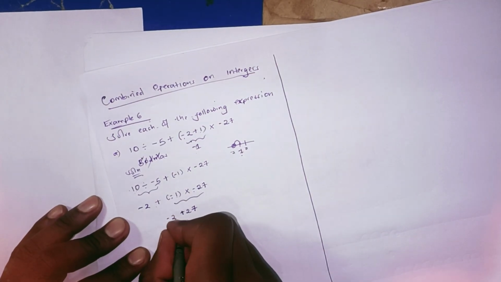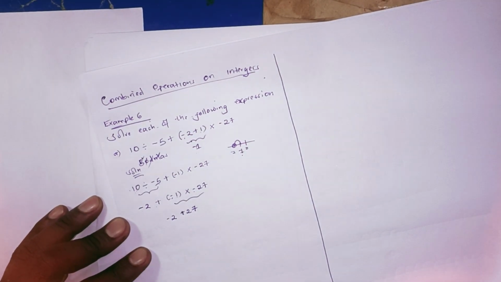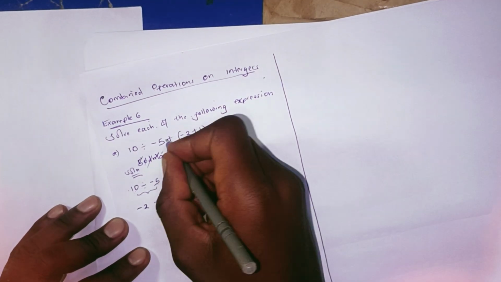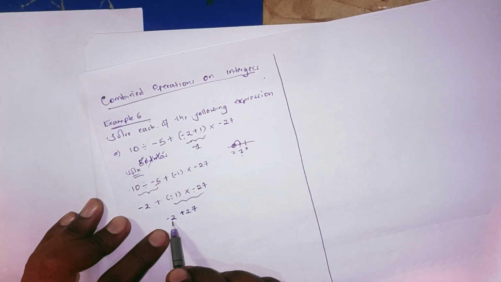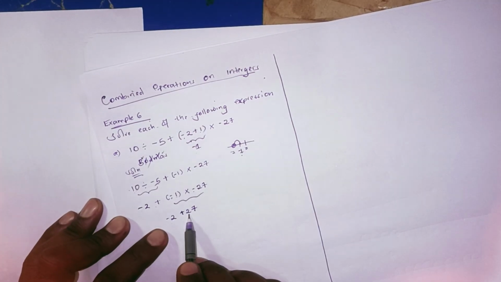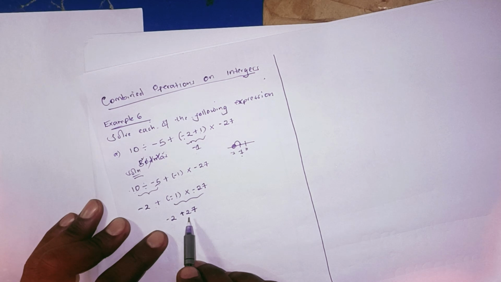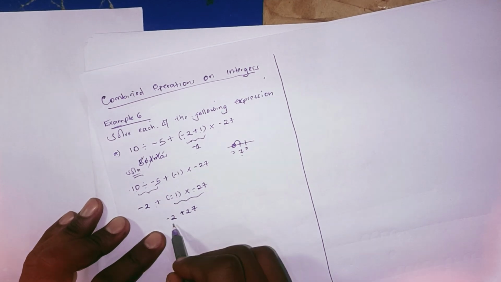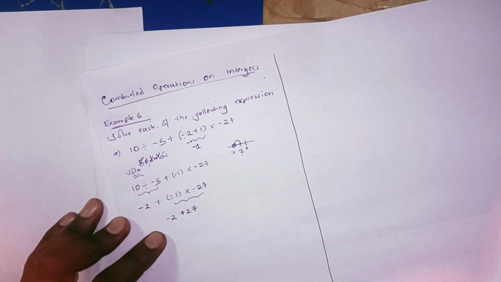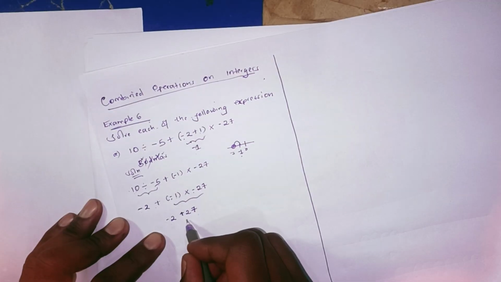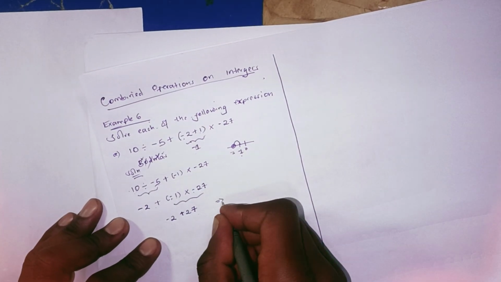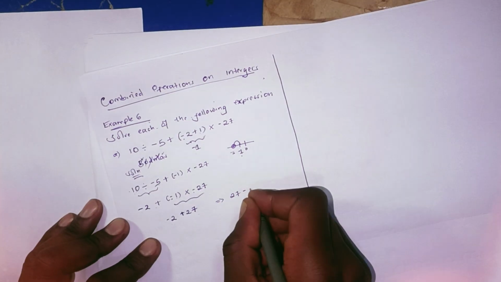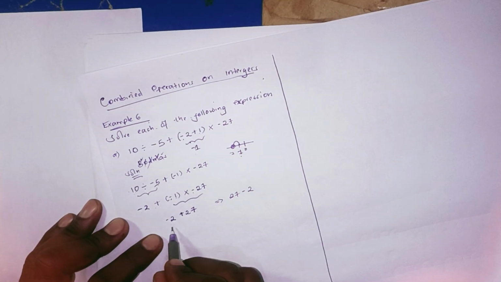Then I'll write negative 2 here. Then what is negative 2 plus 27? It is like when you have a number line, you draw your number line, you stand at 27 and move two steps backward. In this case you can also write 27 minus 2.